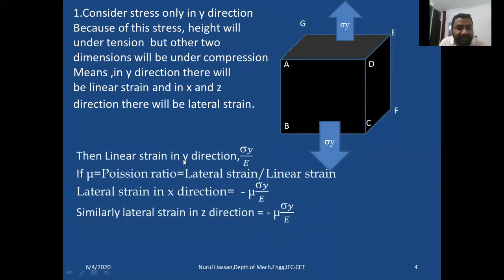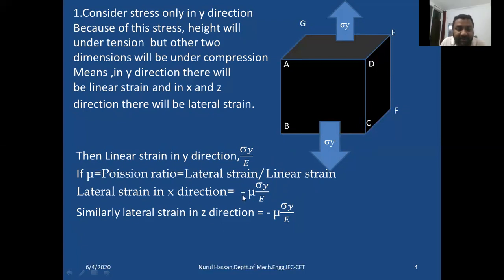So for the linear strain in y direction, the linear stress is sigma y, and if I divide this stress by E, I will get the linear strain in y direction. Then the lateral strain will be there in x direction and z direction.